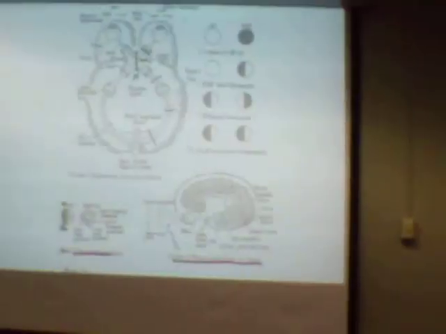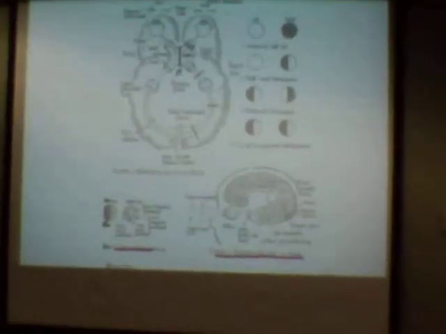Geniculocalcarine fibers, same thing, optic radiations. They spread out and go along through the back of the brain and end on the occipital lobe, right around the calcarine fissure. The calcarine fissure is a horizontal line.